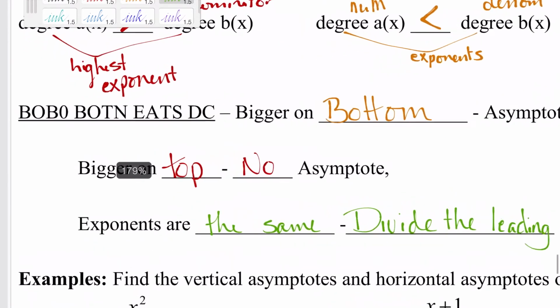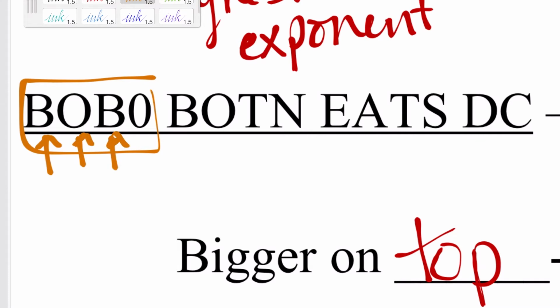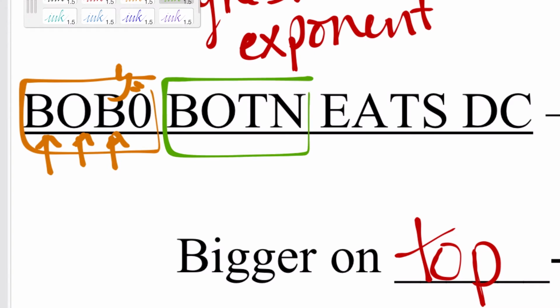A way that I help remember this is BOBO BOTN EATS DC. The BOBO part says that if my exponent is bigger on the bottom, then y is equal to 0. If it's bigger on top, then there's none.